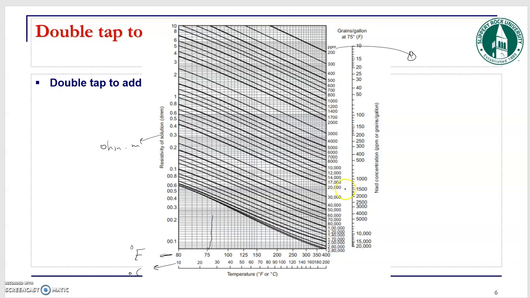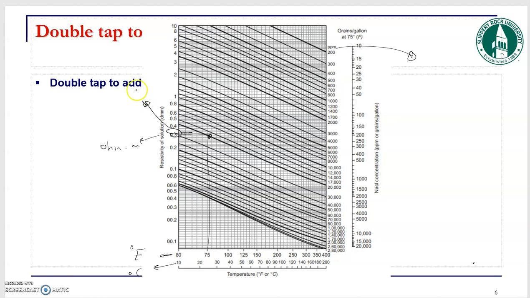For example, let's say you have a brine that has a salinity of 20,000 ppm. At 75 degrees Fahrenheit, you go up until you hit 20,000, and then you go to the left side and read the resistivity of your brine.